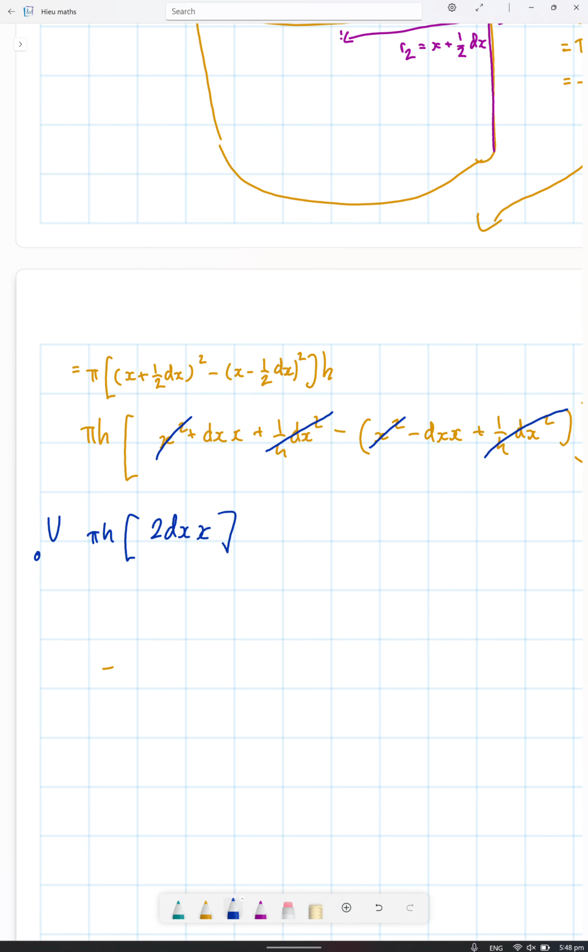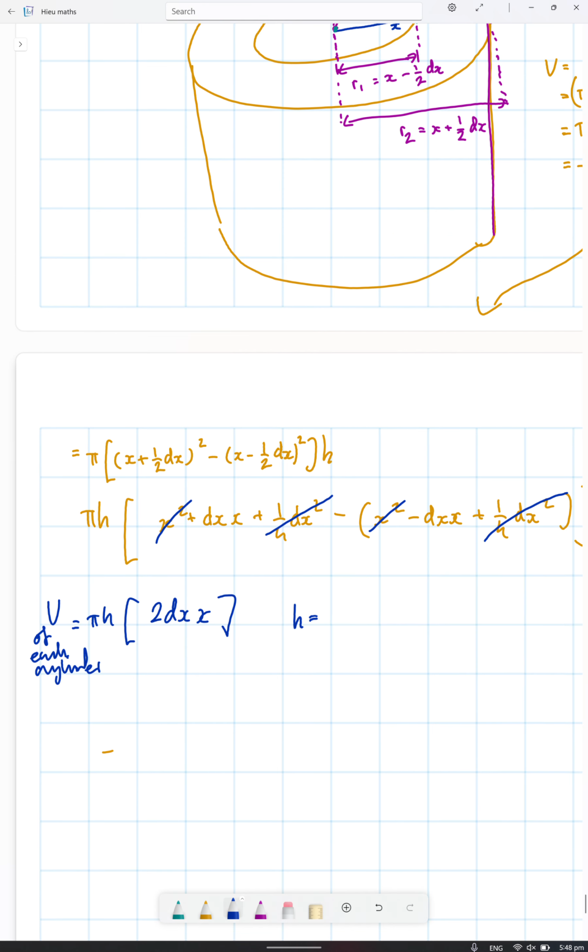The volume of each cylinder is equal to this. Remember that h is just f(x), which in this case is minus x to the 5th plus 4x cubed.